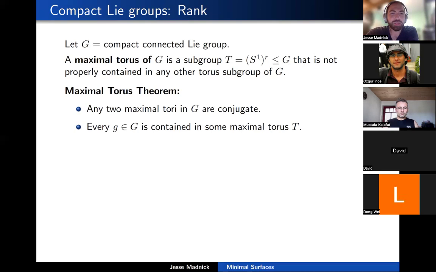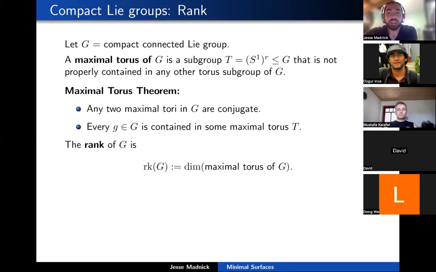A maximal torus of G is a subgroup of G that's isomorphic to a torus and is not properly contained in any other torus subgroup of G. These exist. Moreover, any two maximal tori in G are conjugate, so you don't have to worry about picking the wrong one. Any one that you pick is fine. And every element of G is contained in some maximal torus. This is a basic theorem about compact Lie groups.